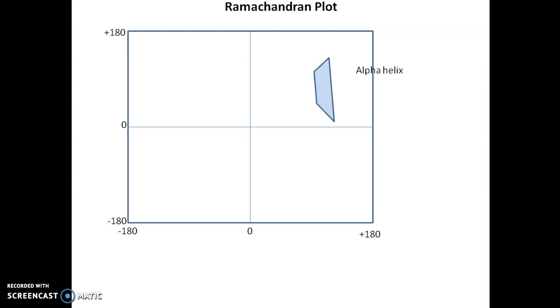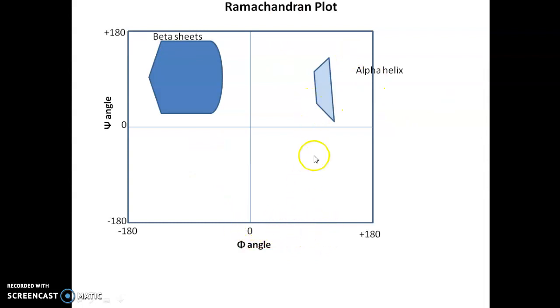So we can say that for the alpha helix, the phi angle and the psi angle lie in a positive range, while in the case of beta sheets it is not the same.